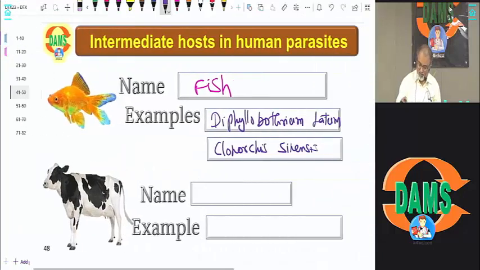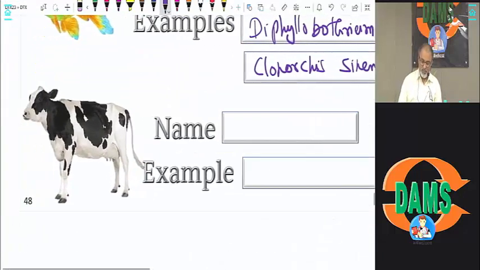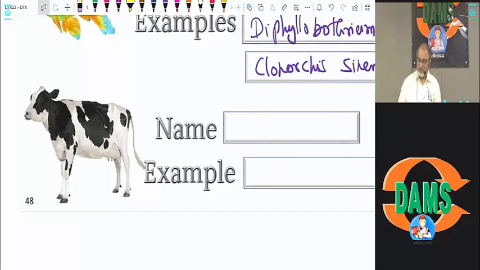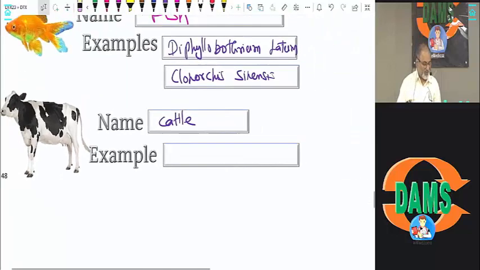Right, listen to me carefully. What is the intermediate host? Cattle. Cow is also acceptable. Cattle is the intermediate host for which condition?